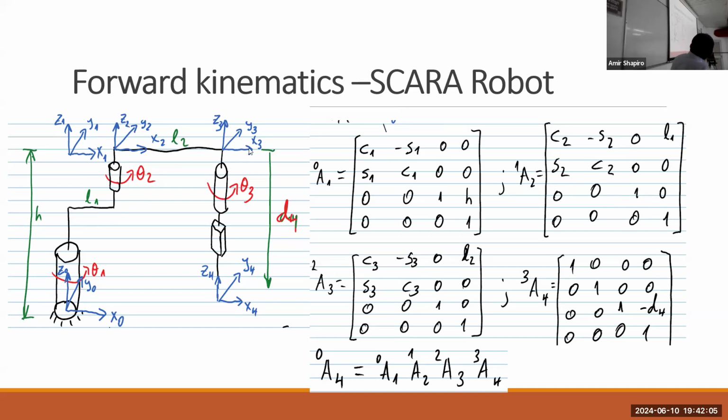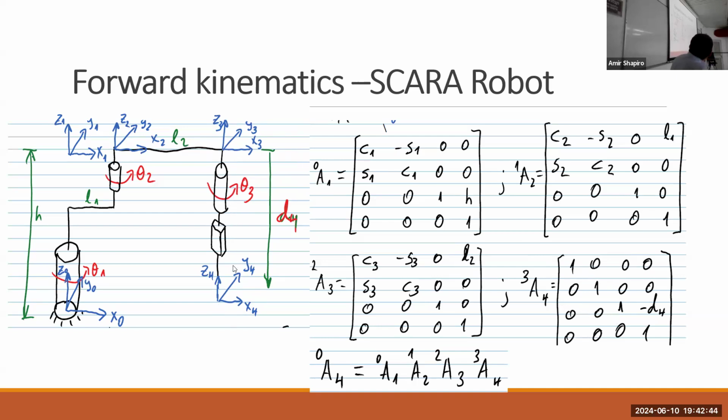And from 2 to 3, we have a rotation of theta 3 around Z2 and the translation of L2 along X2. The last transformation is from 3 to 4, which is only translation, no rotation, so the rotation matrix is the identity matrix.